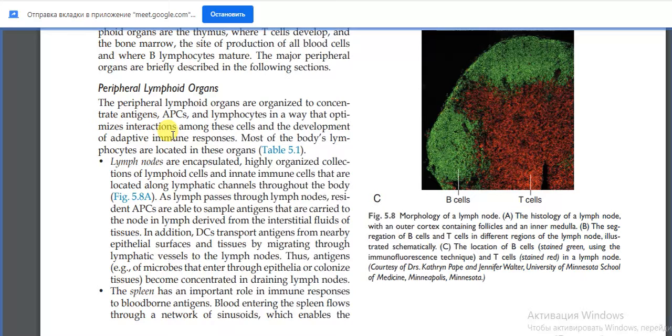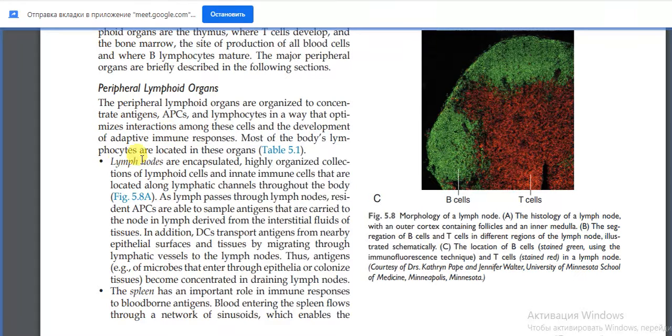I can compare this with universities, where we teach specific cells in one area. We have to collect them in one place and then teach how to act on these antigens. And that's a perfect organization of peripheral lymphoid organs.